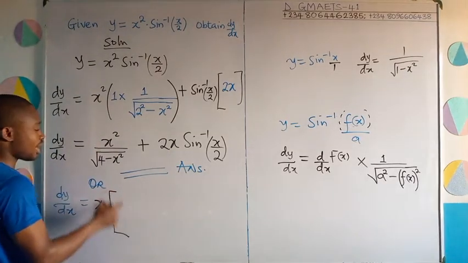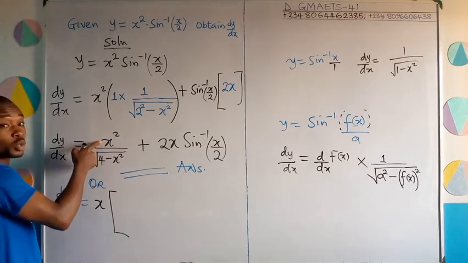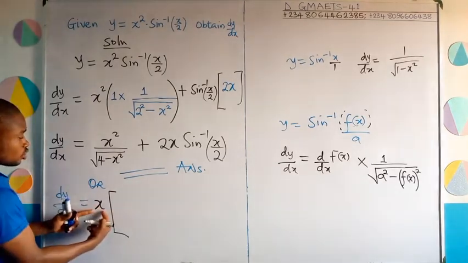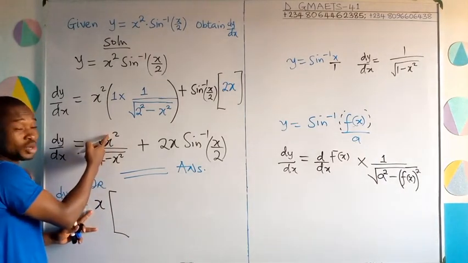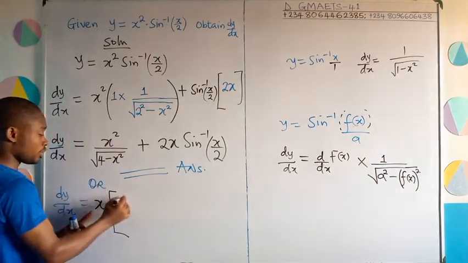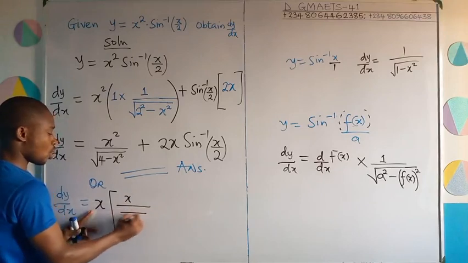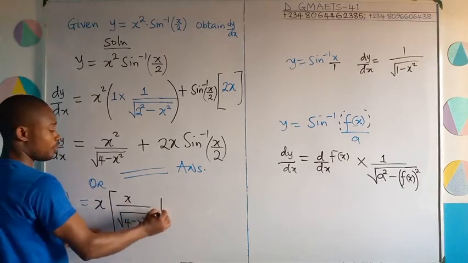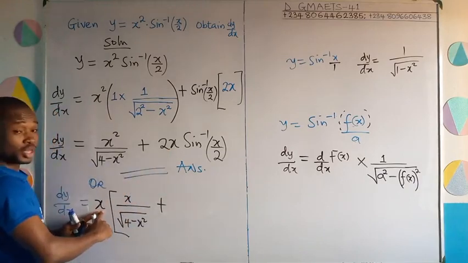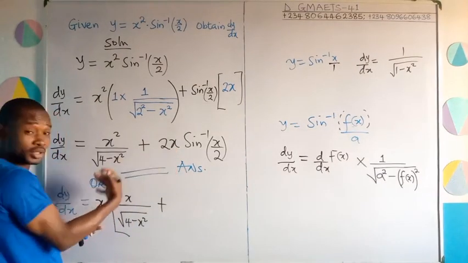If you pull out one of the x, this will be left with x, because this x you brought out, if you use it to divide this term, it's going to cancel one x from here, so that this will now become x over square root of 4 minus x squared, then plus this x you pulled out. Remember, it was common here, that's why you also pulled it out.